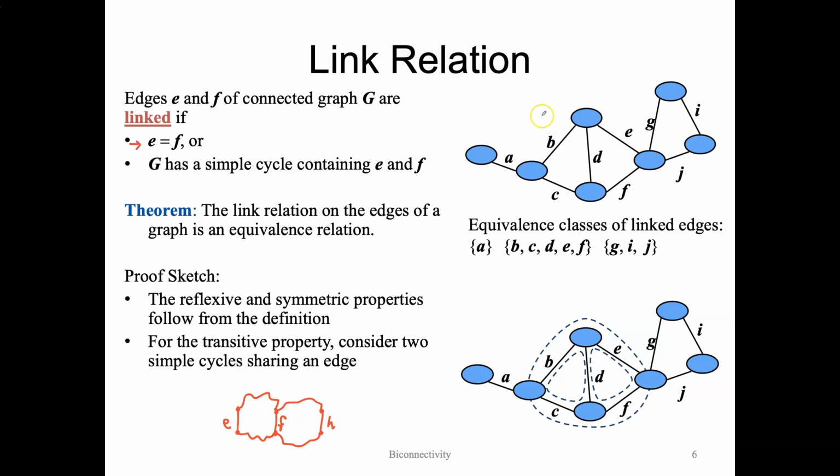And if we were to take, let's say, this graph, and we partition edges based on the equivalence classes defined by this linked relation, we would get 3 equivalence classes.